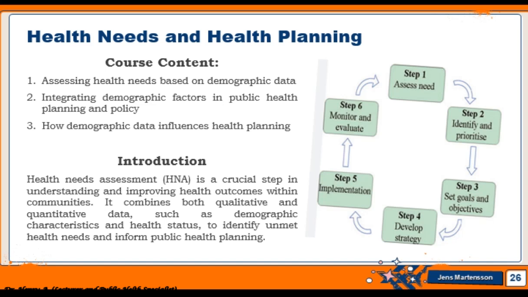Step four, you develop your strategy, precisely your policy plan, and then go about implementing in step five. And step six, after you have implemented, it's important that you monitor and evaluate what has been done, if it achieved its purpose or not, or perhaps there are things that need to change.